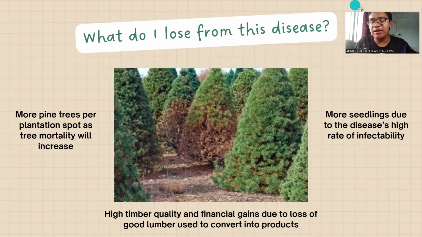So we already know the defining characteristics of the disease in front of your eyes. You wonder to yourself, what do you actually lose from this disease? The first thing you lose is more trees per plantation, because the trees have a high mortality rate. They will be severely affected by this disease if control measures are not established.